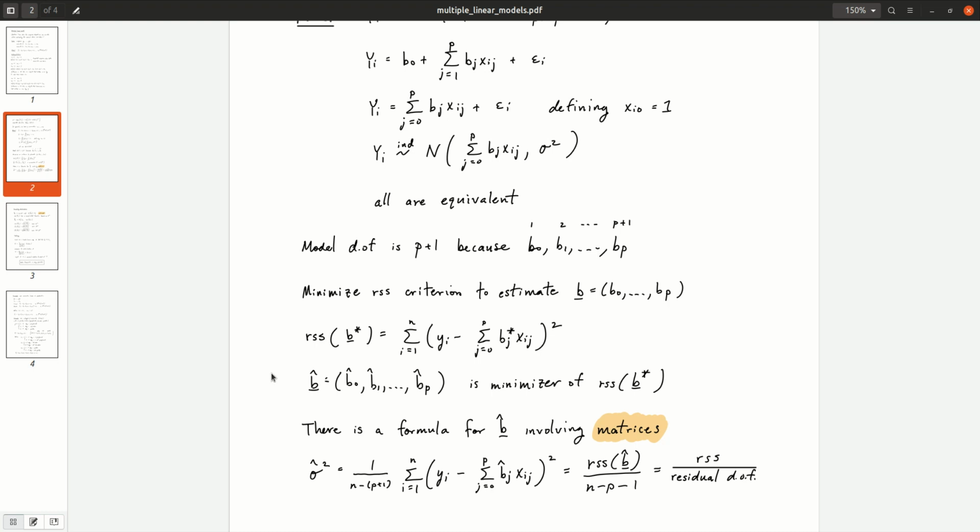But that formula involves vectors and matrices, matrix vector multiplication and matrix inverses. I'm sure you could get it, but it would take a long time to introduce all of the notation and the conventions for multiplying matrices and taking inverses, so it's better just to say that there's a formula.